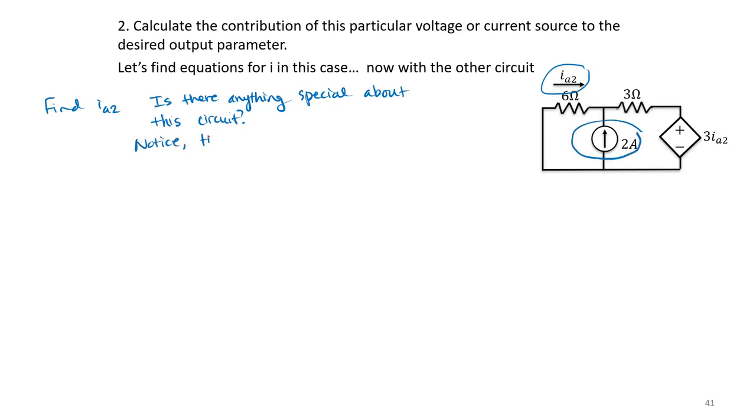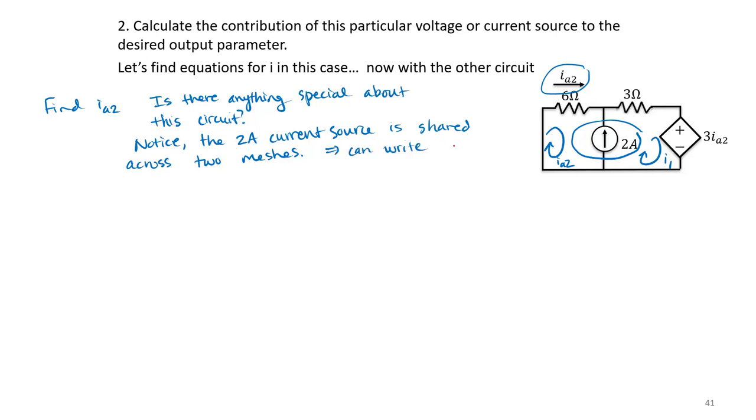Notice the 2 amp current source is shared with 2 meshes. Right? Like if I wanted, I could actually define current IA2 in this left-hand mesh, and I could, let's just call it I1 in the right-hand mesh, and notice I've got a shared current source. I can write a supermesh equation.